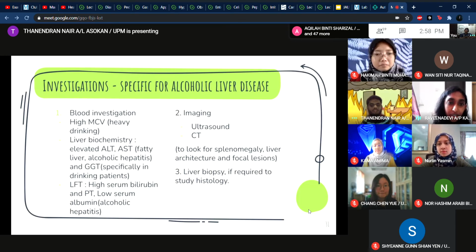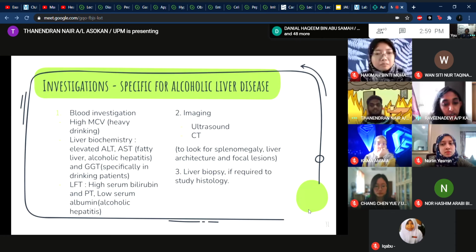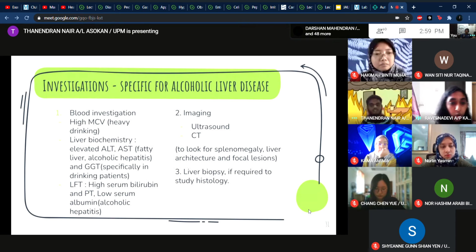So, investigations which are specific for this case, which is alcoholic liver disease. The first will be blood investigation. In the blood investigation, we look at the red blood cell count. If it shows a high mean corpuscular volume, it indicates heavy drinking. So high mean corpuscular volume can be due to heavy drinking, and this patient is also having mild anemia.